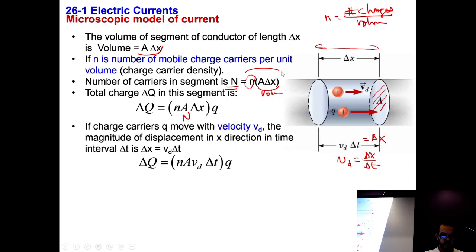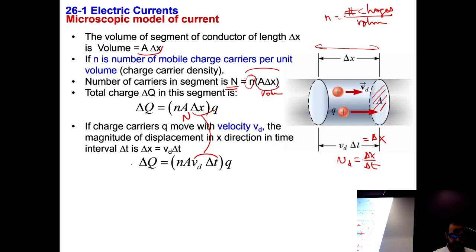If each of these charges is moving with a drift velocity Vd, we know delta x is Vd delta t, so we can replace delta x by Vd delta t, because we have the average drift velocity, and we have delta x and delta t.